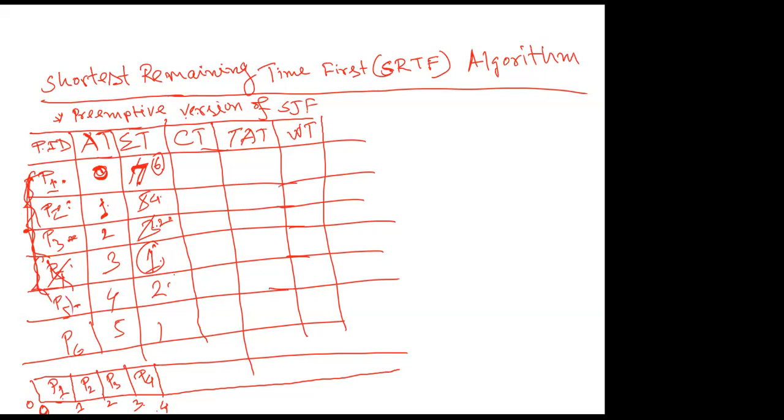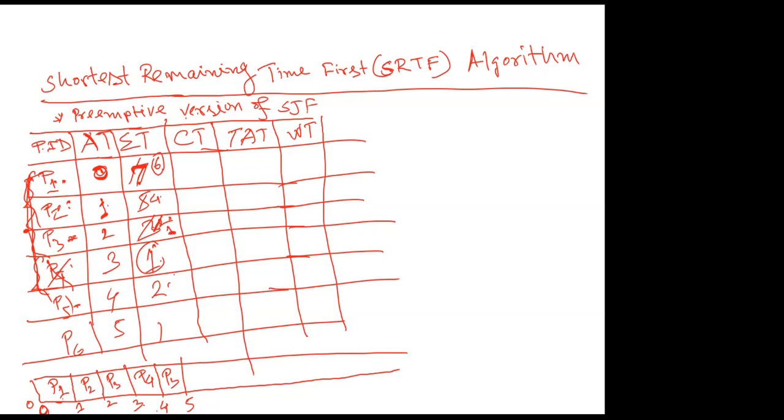P3 will execute for 1 time unit, up to 5. Since it needed 2 and 1 time unit is complete, 1 is remaining.